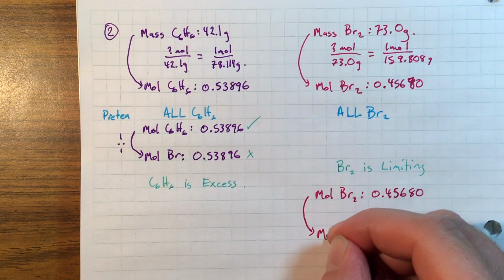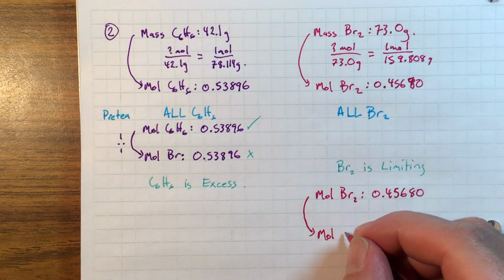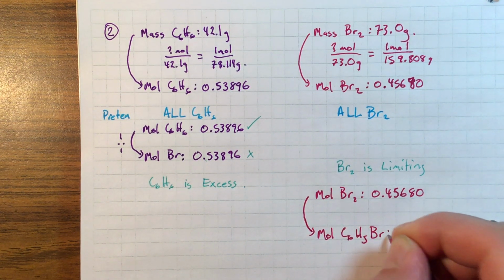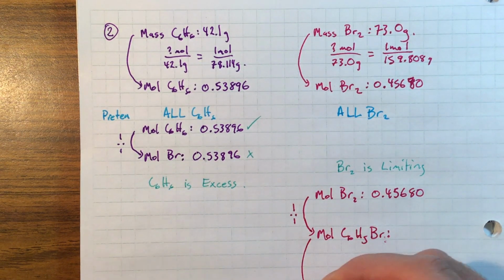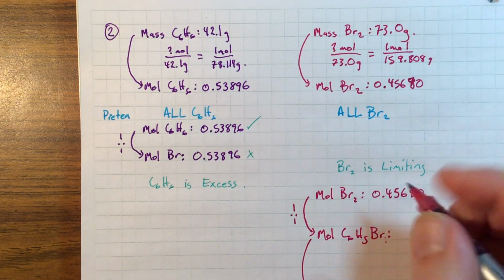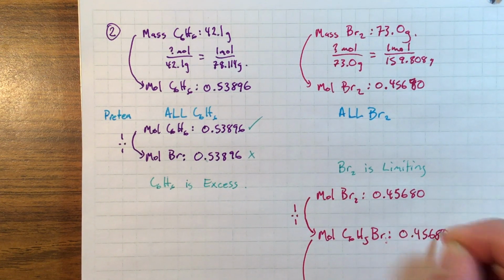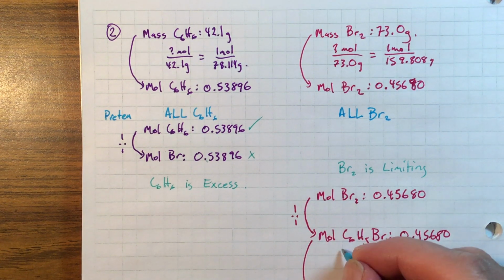We're going to go to our moles of C6H5Br, and the molar ratio is 1-to-1, so that's going to be easy. Then we're going to go to our mass of C6H5Br. So 1 to 1, this is going to be 0.45680.